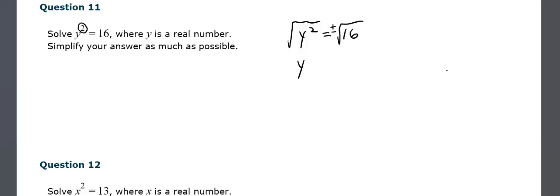So when I take the square root of y squared, I get y, and the square root of 16 is 4. So notice I have the positive and negative in front, so I do have two solutions, positive 4 and negative 4. I can have a negative solution. We're not talking about the measurement or height, etc. of something. We're just asked to solve for a variable.